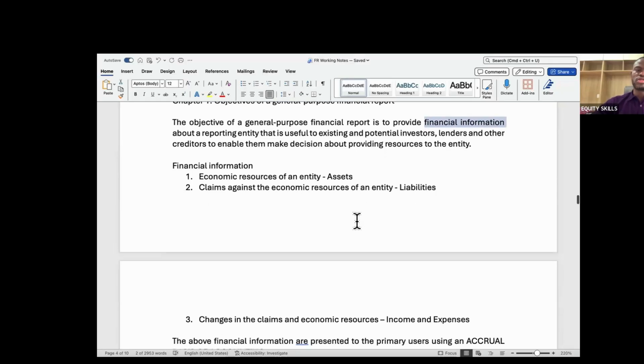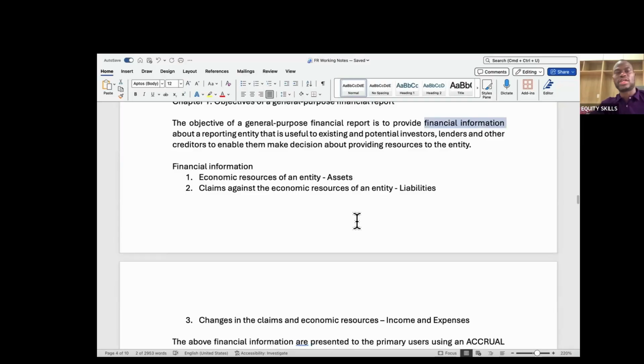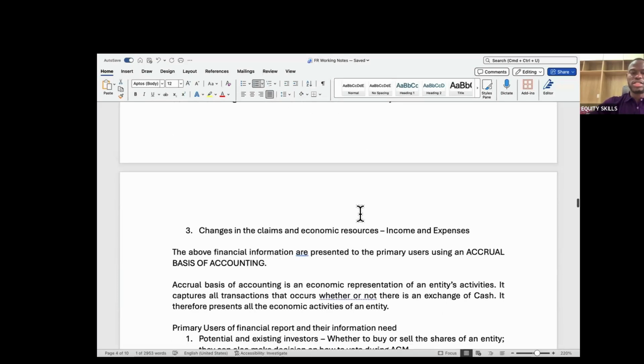We looked at those set of financial information that we provide to users. We said they are the economic resources of an entity, which are the assets of the entity. We have claims against the economic resources, which are the liabilities. And also, there are the changes in claims and economic resources, which are majorly income and expenses.